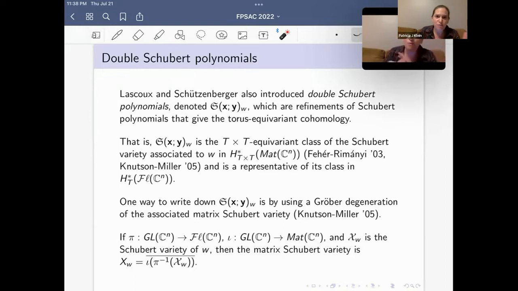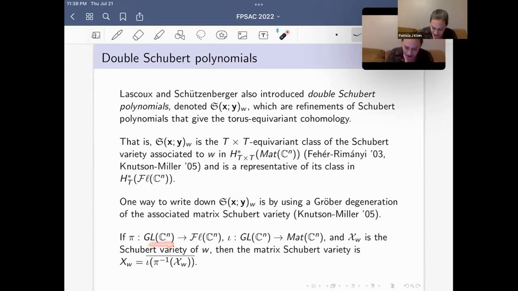So the Schubert polynomials that we'll be thinking about come from some more complicated cohomology, and the meat of the story is that there is a cohomology theory that is well tracked by these particular polynomials that have a lot of combinatorial content.